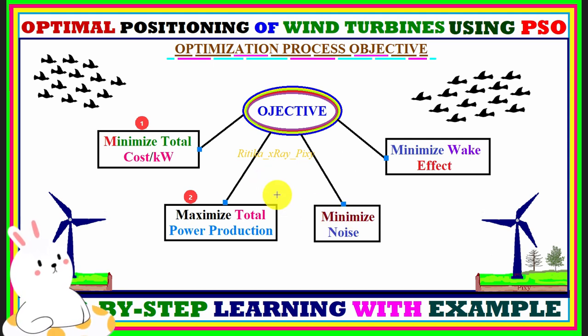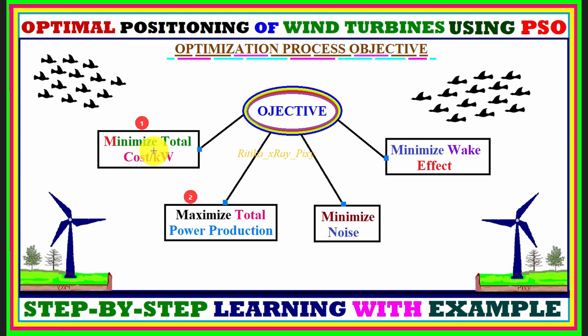So here we want to minimize the cost, that is the total cost per unit, and here we want to maximize the energy production, that is the power production. So they are the two key objectives: how we can minimize the cost and maximize the power output.